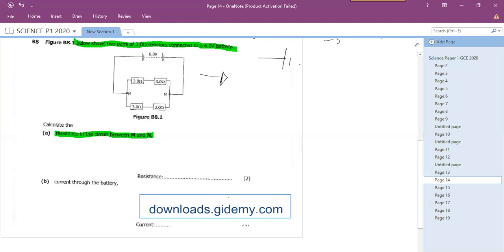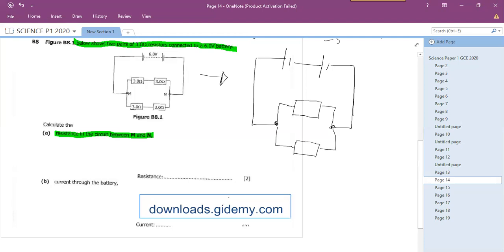So that's our battery there, and these are the 2 points between which we want to calculate the resistance. The two resistors above and below are connected in series, so we can add them to make one larger resistor.